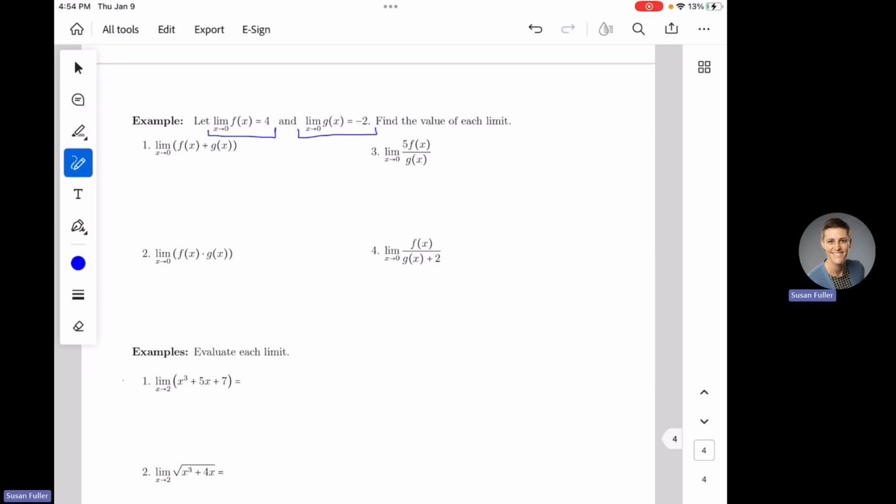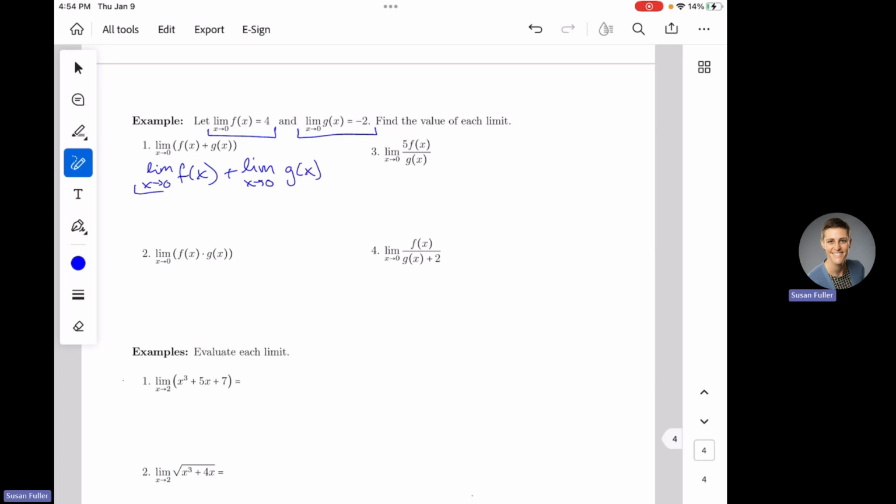If I want you to find the limit as x approaches 0 of f of x plus g of x, well, our limit laws have told me that if I'm adding two functions and taking their limit, I can essentially distribute that limit over the addition, and take the limit of each of them separately. This is the same as the limit as x goes to 0 of f plus the limit as x goes to 0 of g.